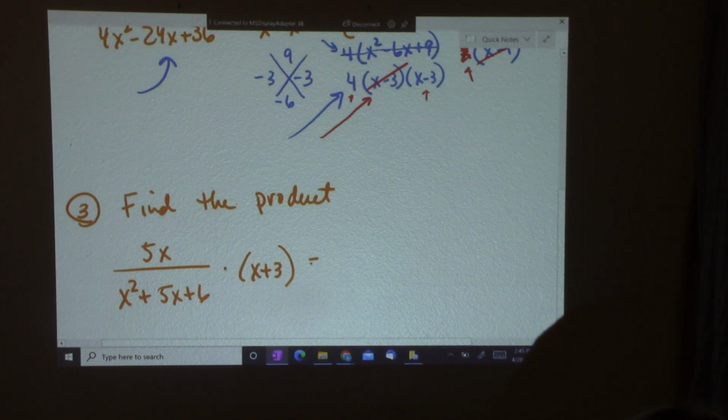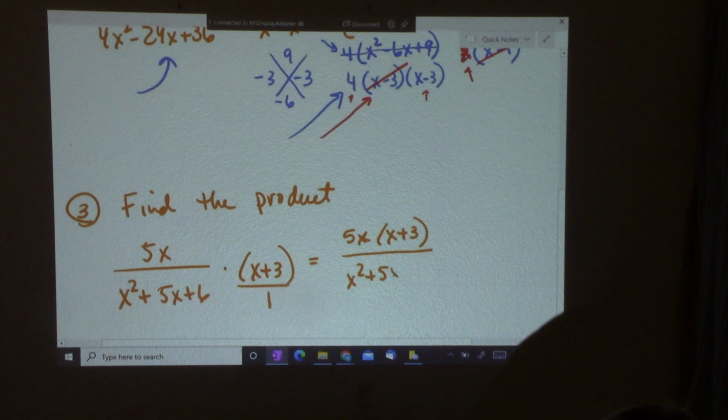So that means this actually, I don't see it, it has a 1 underneath. So I'm going to end up with 5x times x plus 3 over x squared plus 5x plus 6. Okay.